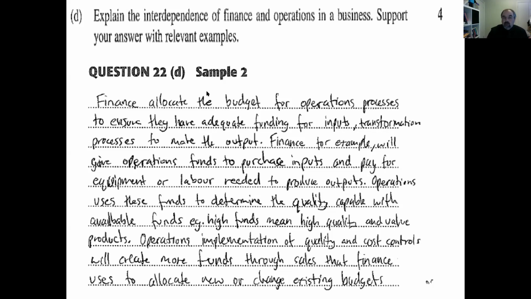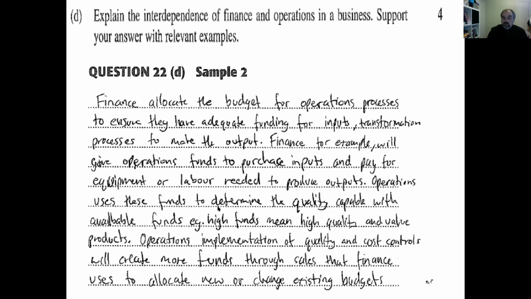What we've done is we've sophisticated the answer by putting there allocating a budget. So instead of saying money, we've got budget. And instead of saying to make the product, which is the output at the end, we've actually mentioned aspects of operations processes and inputs, etc., to make the product. So much better. Finance, for example, will give operations funds to purchase inputs and pay for equipment or labour needed to produce outputs.